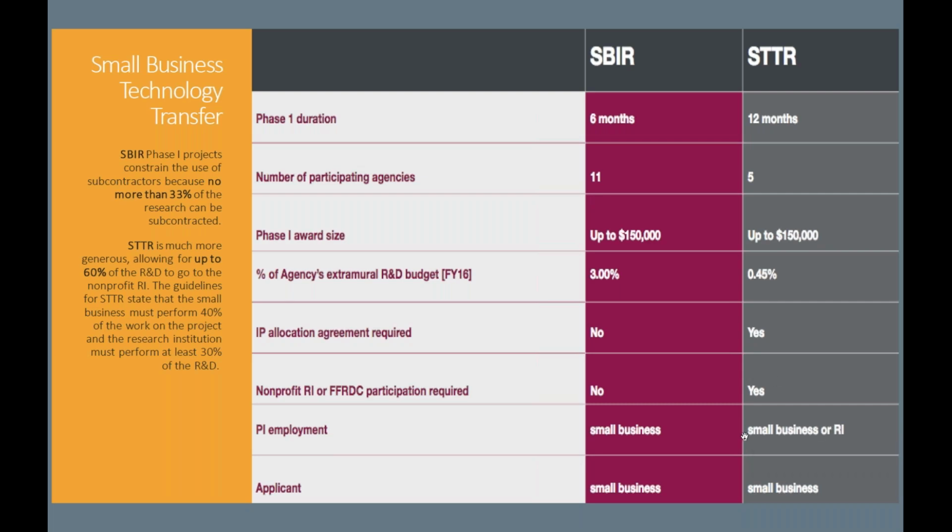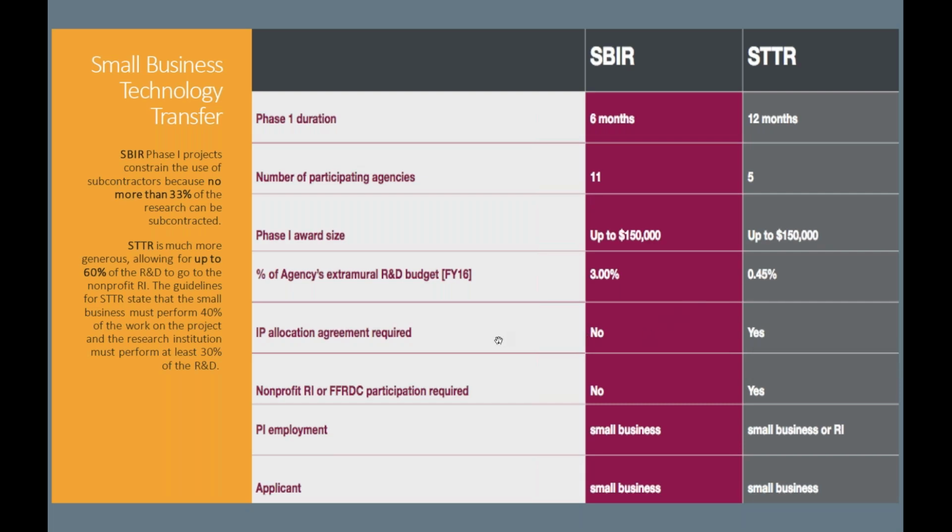And then, because the time and effort is split between a small business and a research institution, a little bit farther up the chart we've got IP allocation agreement required. Well, if most of your work is being done within the small business, then you don't necessarily need to decide who owns what intellectual property.